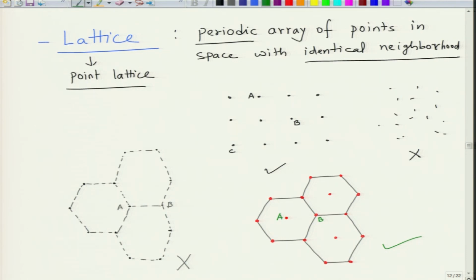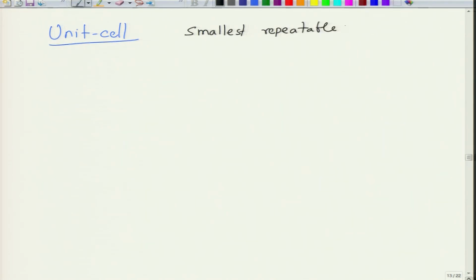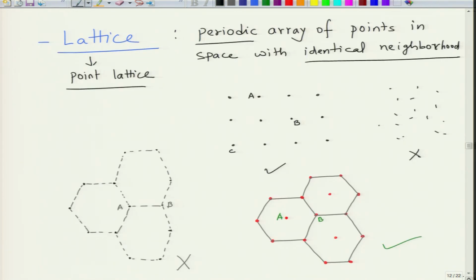This is the definition of a point lattice, and within a point lattice you can create what we call a unit cell, which is the smallest repeatable unit. Within this you can create a unit cell, something like that.